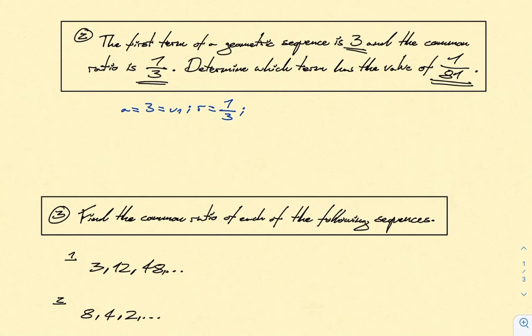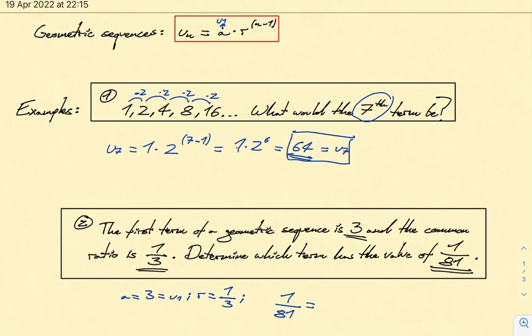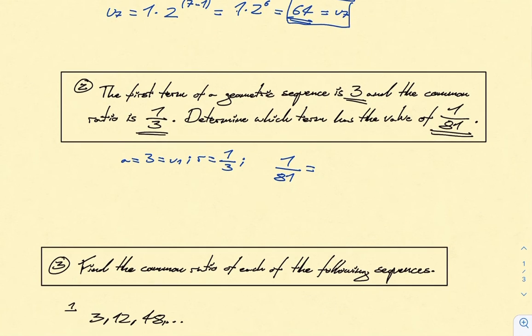Well, our unknown term will be 1 over 81, and we have to calculate what n is. So what is the position of the term? Now this is a specific term, and if we again look at the formula, this 1 over 81 will be un, a specific number in our geometric sequence.